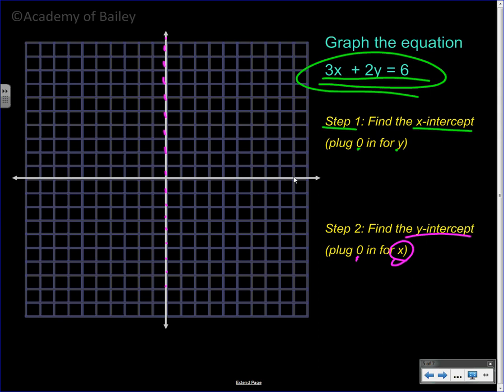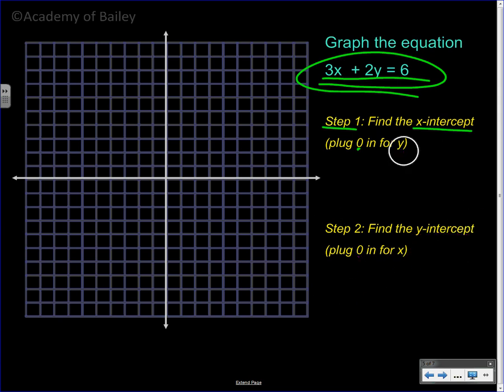The equation determines it, the x value is always going to go left and right 0 to get to the y-axis. So that's the reason why we plug 0 in for y to find the x-intercept, and we plug 0 in for x to find the y-intercept.